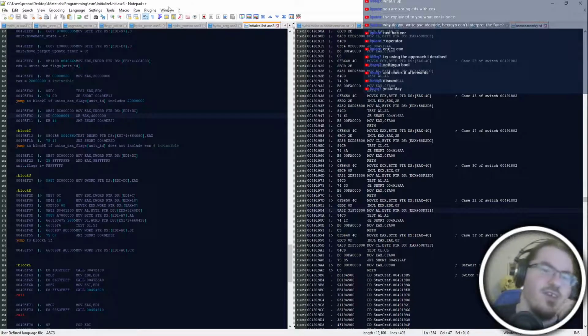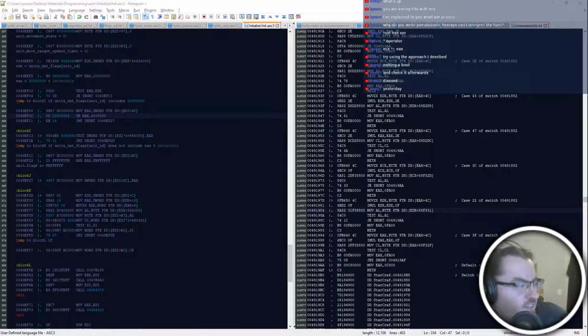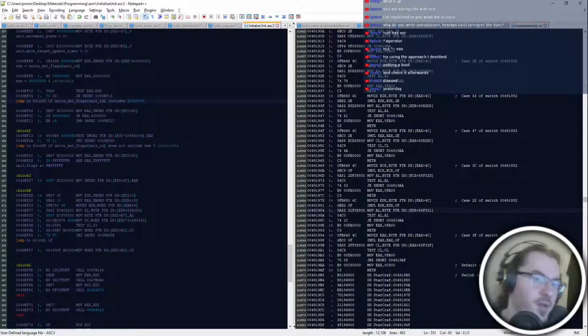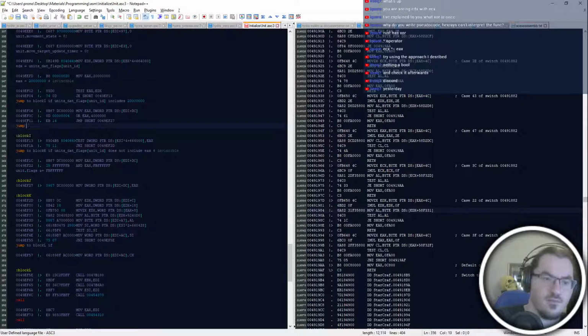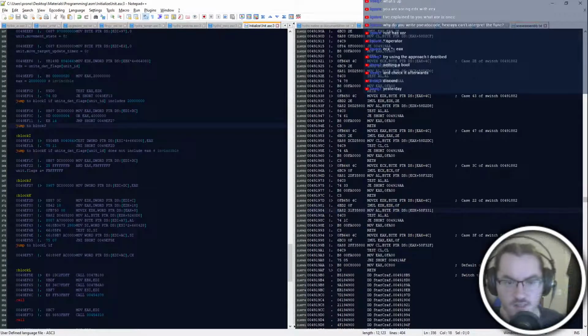What the hell? So this function is setting the unit flags to invincible, but only if it doesn't include the unit stat invincibility flag. And then... oh, anyway, I didn't see this jump thing.